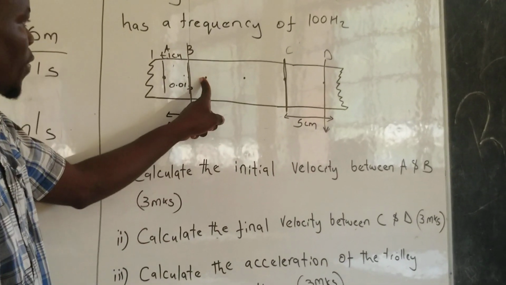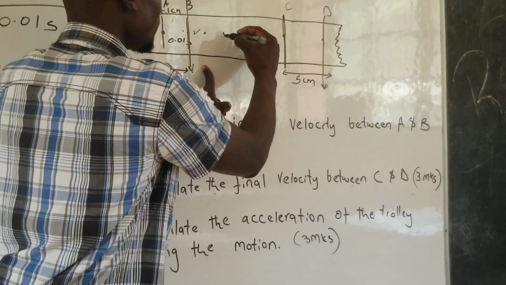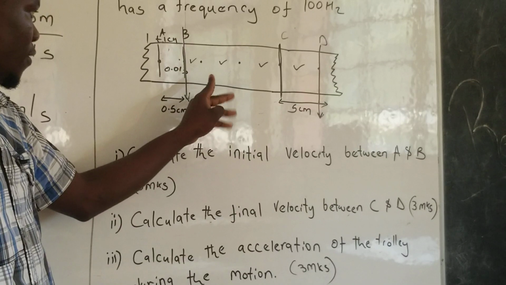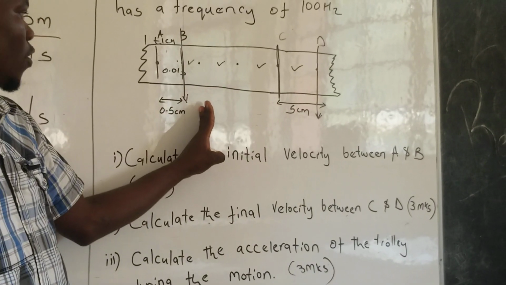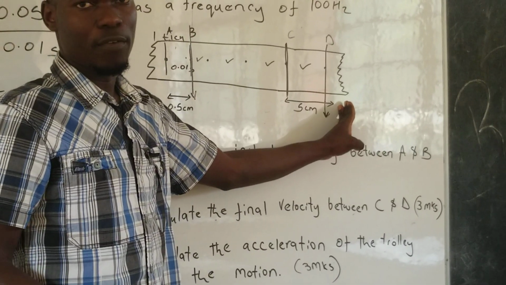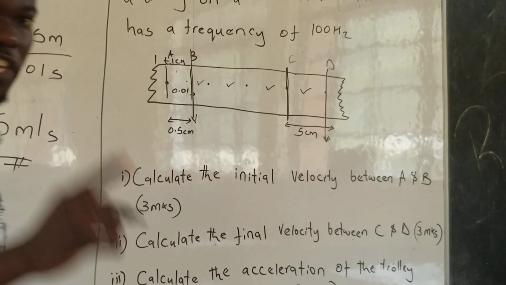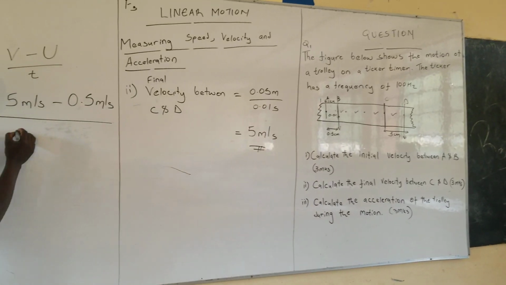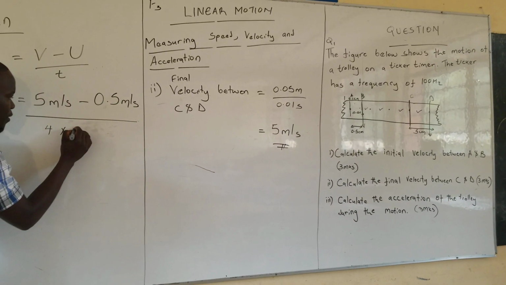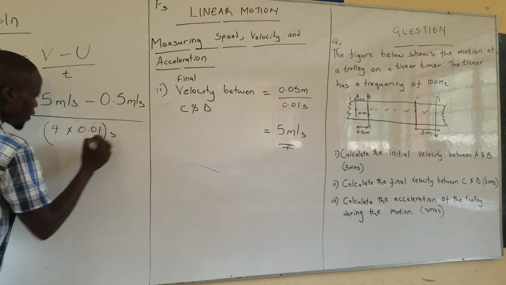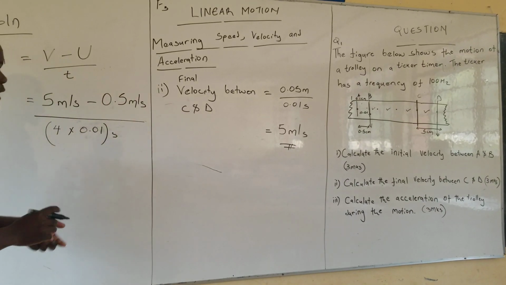How many ticks are we having here? 1, 2, 3, 4. So we are having 4 ticks from the end of initial velocity to the end of final velocity. Each and every tick was 0.01 seconds. So you take 4 times 0.01 seconds. Then you get the time taken.